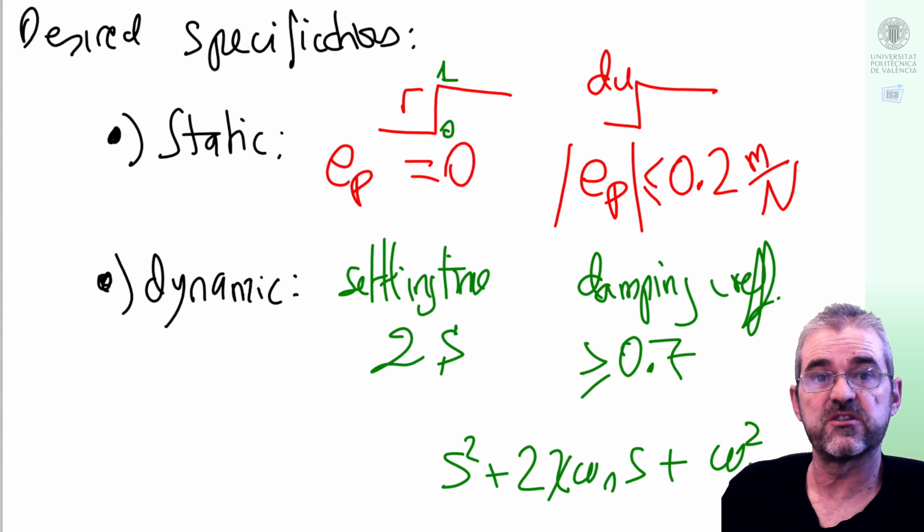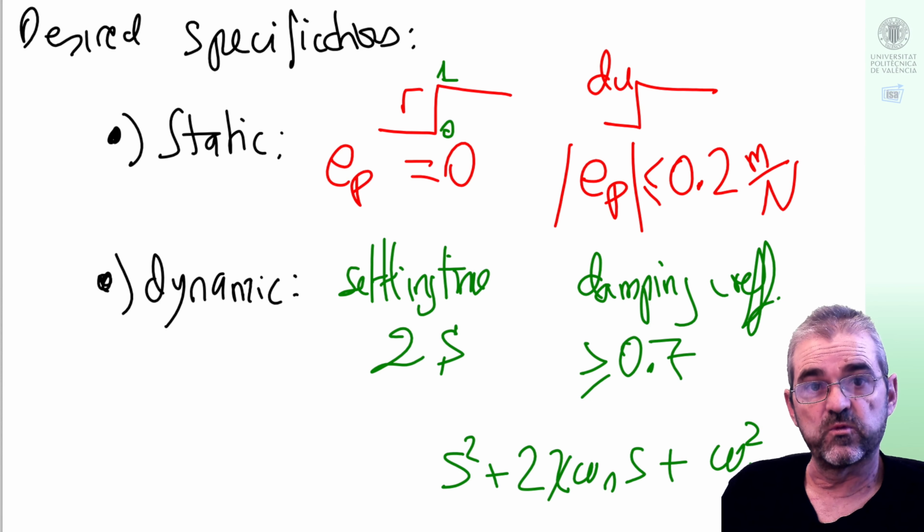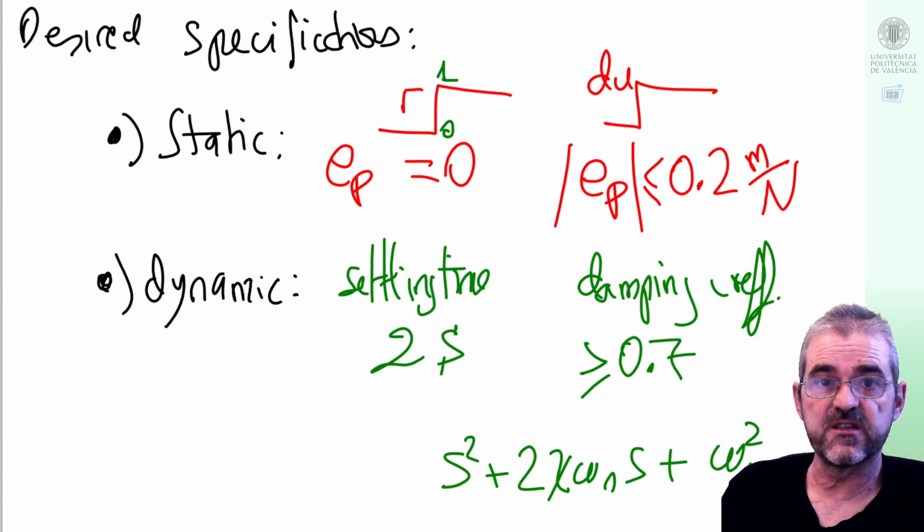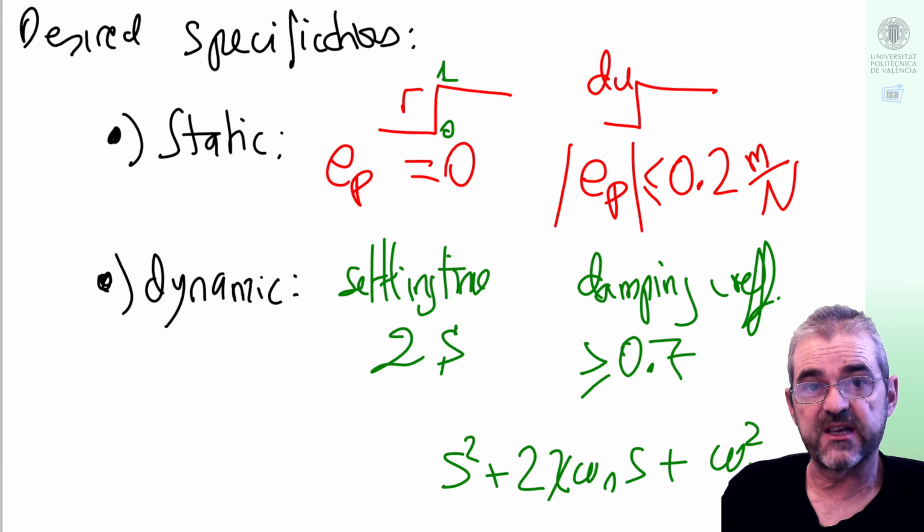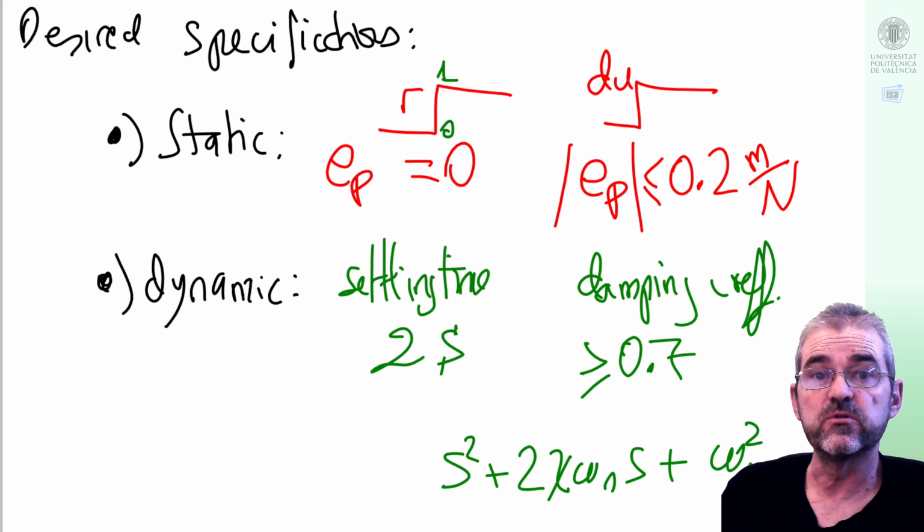So static specifications refer to what should be when the transient finishes, and dynamic specifications refer to how the transient must be: a fast, well-damped transient. Good. So these are our specifications, and then how do we compute the controller gains?